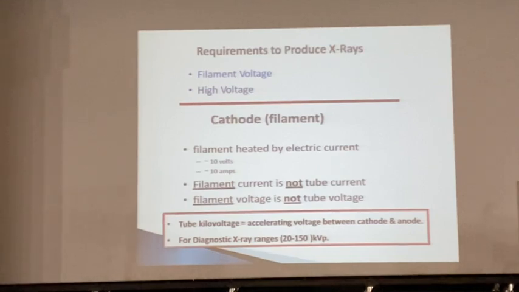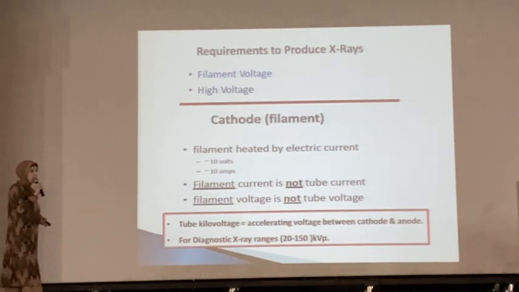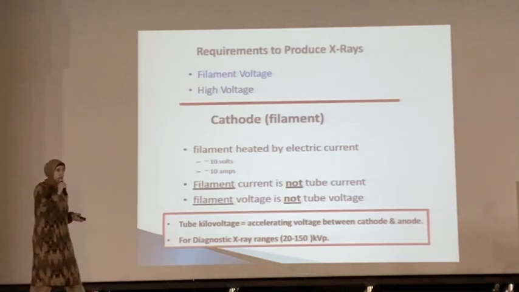While the tube voltage is in the kilovolts, starting from 20 to 150 kilovolts. It is much higher than the filament voltage. But you have to differentiate between these two, which are the requirements to create an X-ray image.